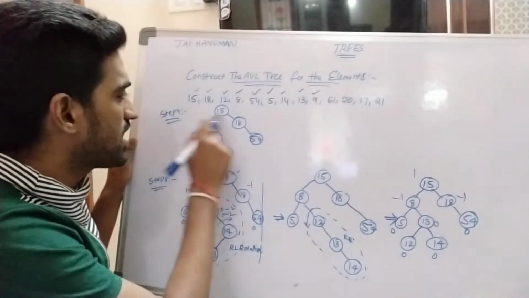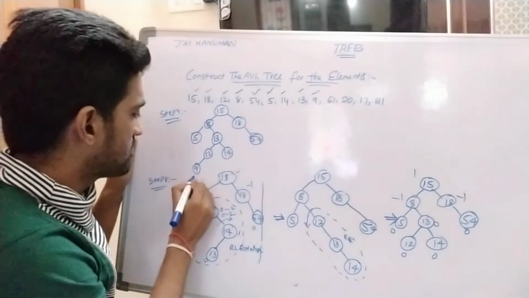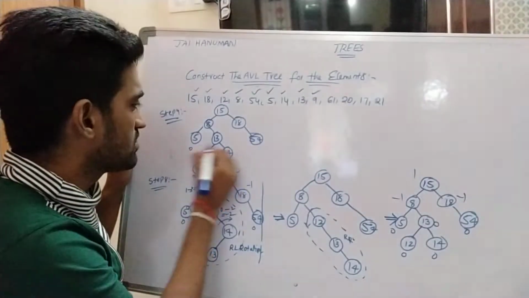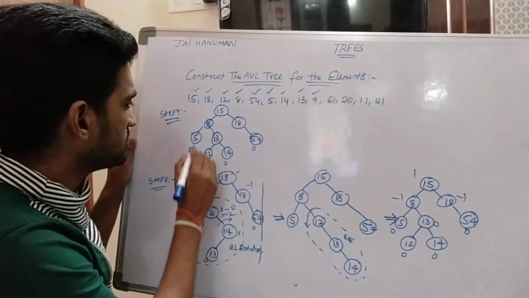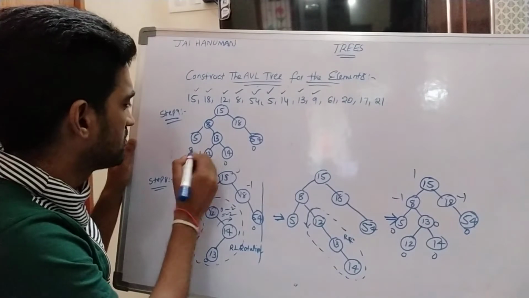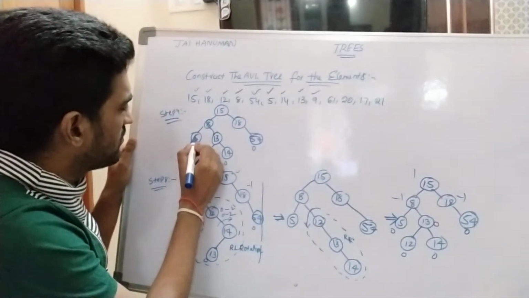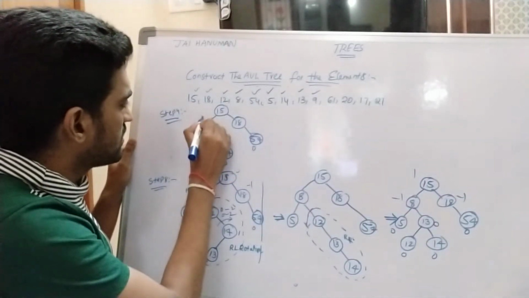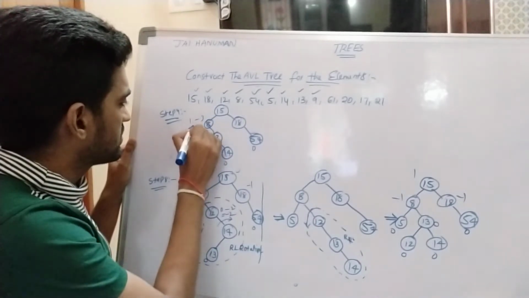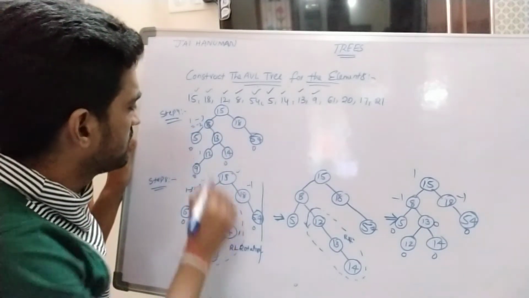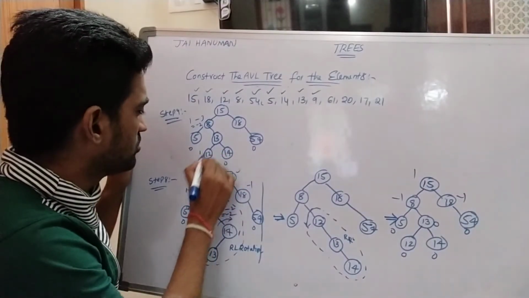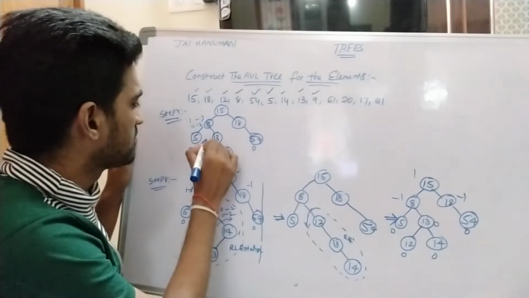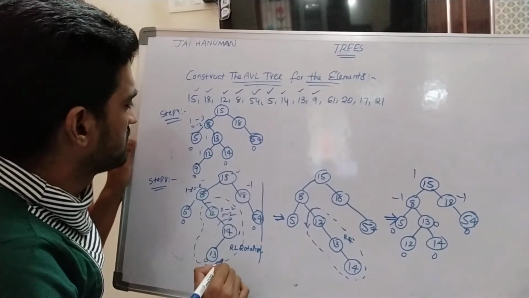Again we are calculating the balancing factor for this tree. 0, 0, 0, 0. For this one, 1 minus 0, 1. For this, 1, 2, 3. So 3, 1, which is equivalent to minus 2. For this one, 2 minus 1, 1.